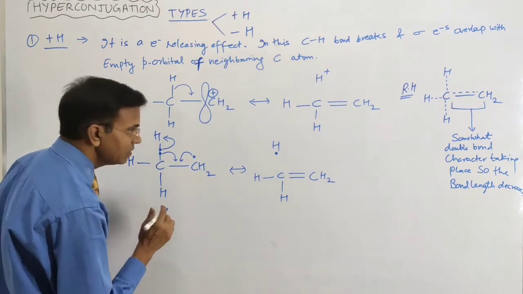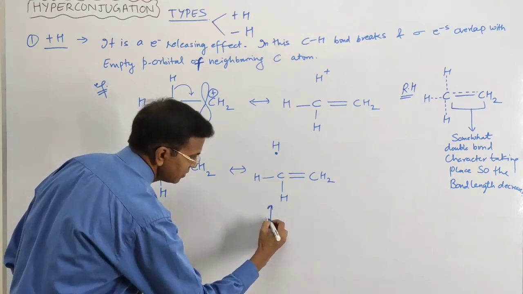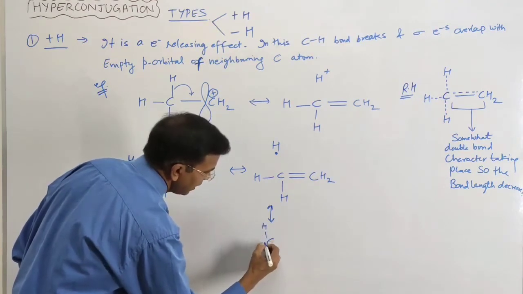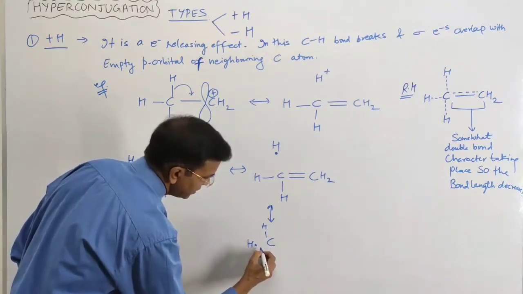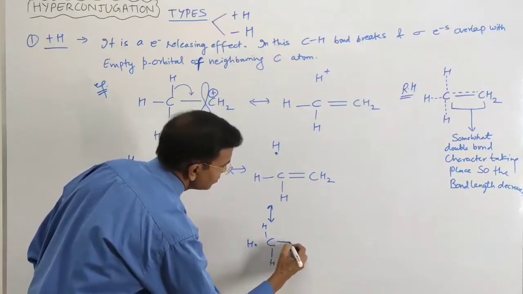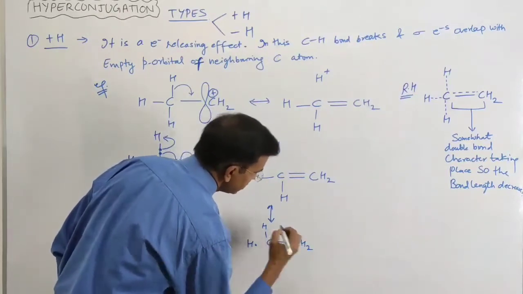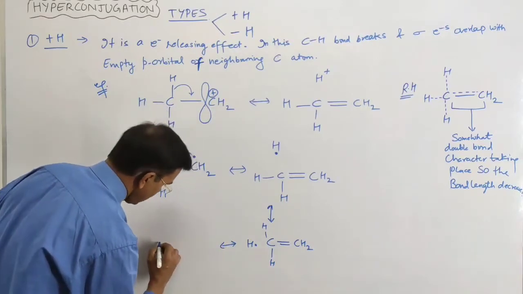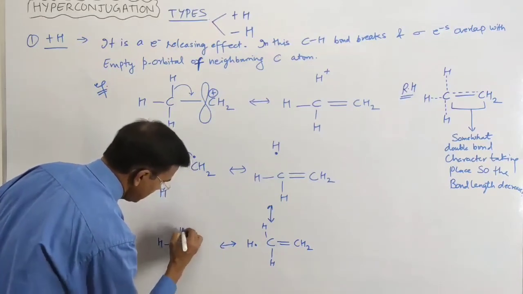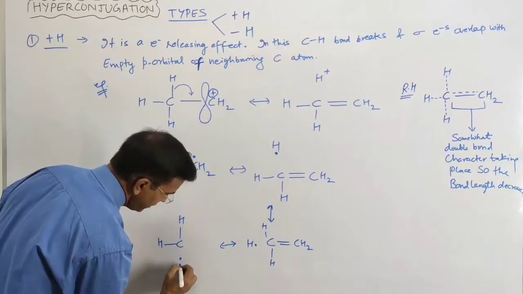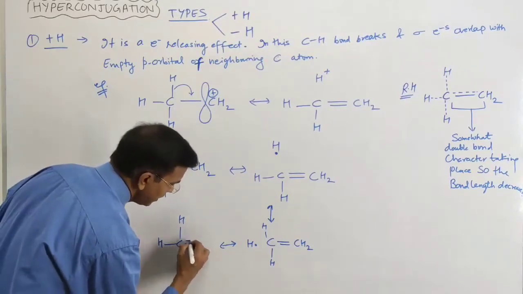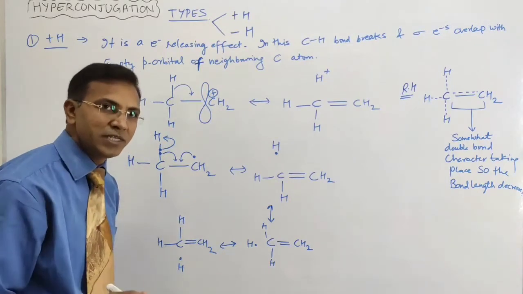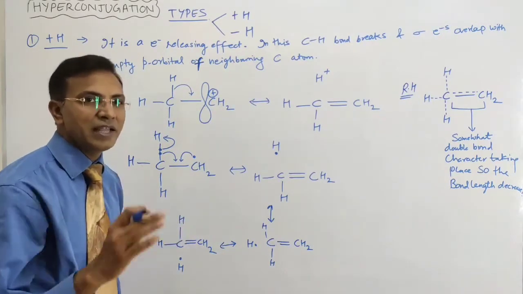I am showing here the next resonating structures. C, H, free radical this time on this hydrogen, and here is the CH2. Next resonating structure: H, C, H, this time the free radical with this hydrogen and CH2. All the alpha hydrogens have the same probability to take part in the H effect.